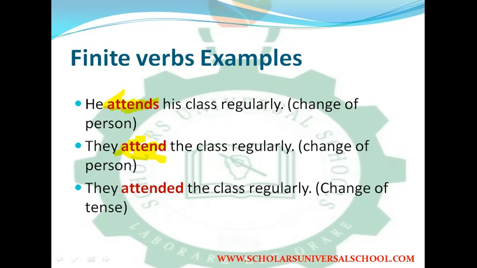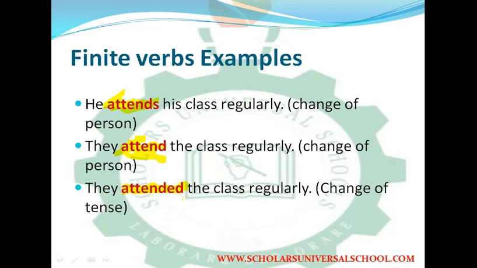Okay, now move on. They attended the class regularly. Remember, we told you that it can be influenced by present or past tense. So now attended is a finite verb. Why? Because it is a main verb in the sentence.